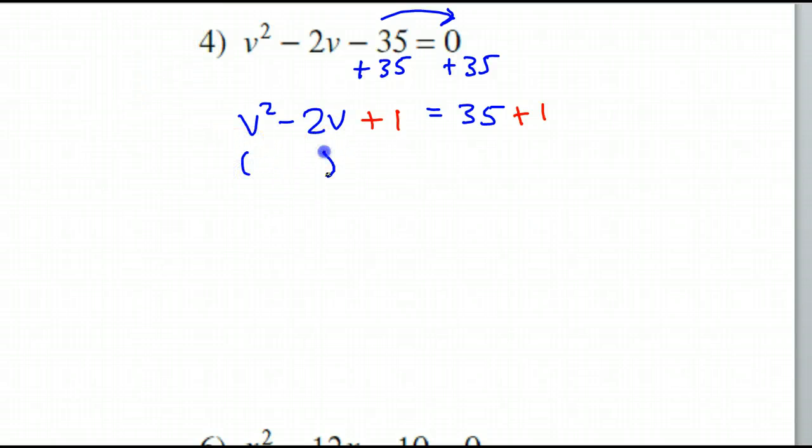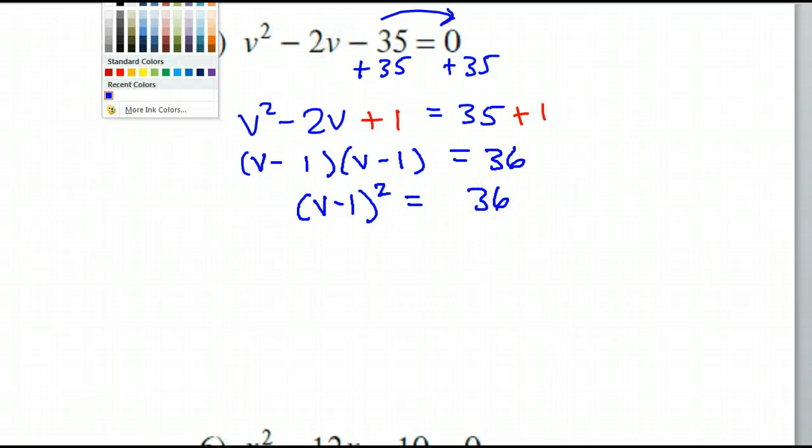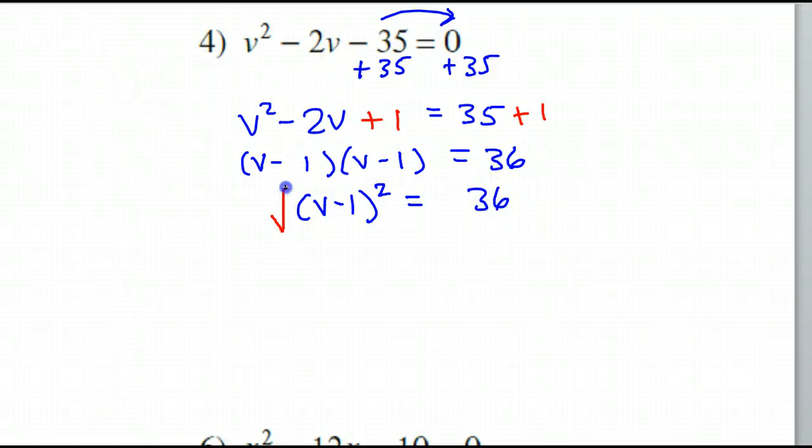This should now factor as the same thing twice. So this factors as v minus 1 times v minus 1, which I could write, if I wanted to, as v minus 1 squared. Now we could unsquare this by taking the square root of both sides.